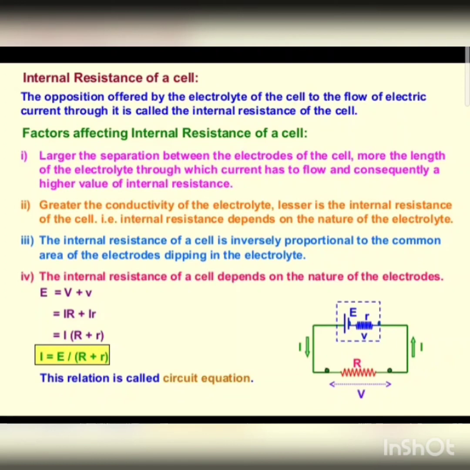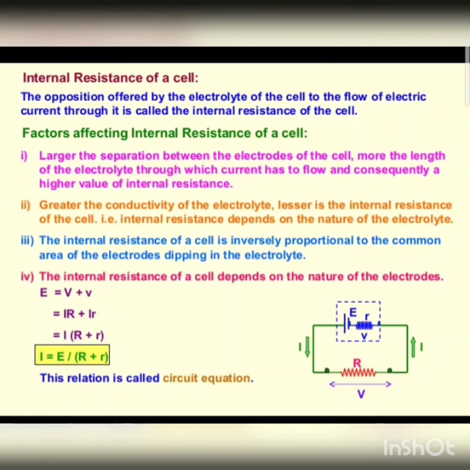The greater the conductivity of the electrolyte, the lesser is the internal resistance of the cell. That is, internal resistance depends on the nature of the electrolyte. The internal resistance of a cell is inversely proportional to the common area of the electrodes dipping in the electrolyte. The internal resistance of a cell also depends upon the nature of the electrodes.